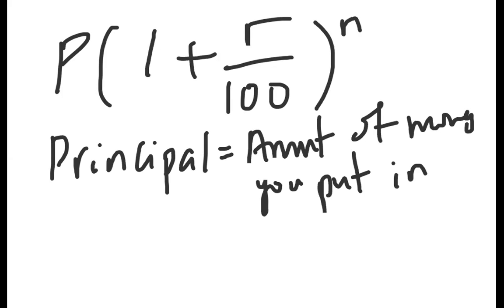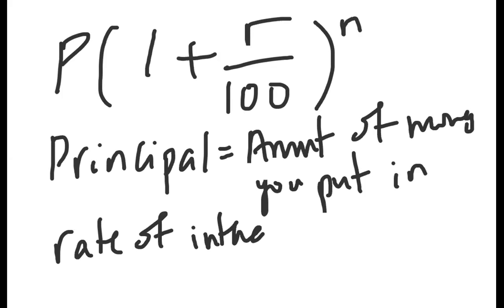R is the rate of interest in percentage, so that's why we divide by 100. N is the number of years.